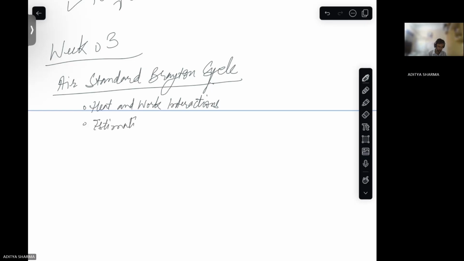Estimation of state variables. Then optimum work output.